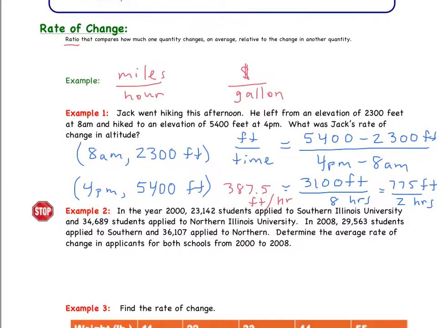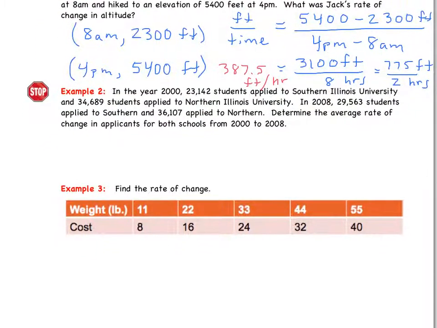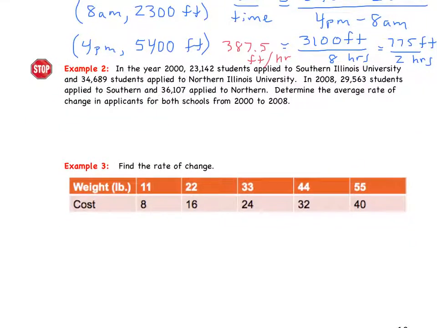All right. The next thing I want you to do is read over this second example and try finding the average rate of change in applicants for the schools. Okay, so we'll read it together. In the year 2000, 23,142 students applied to Southern Illinois University, and 34,689 students applied to Northern Illinois University.